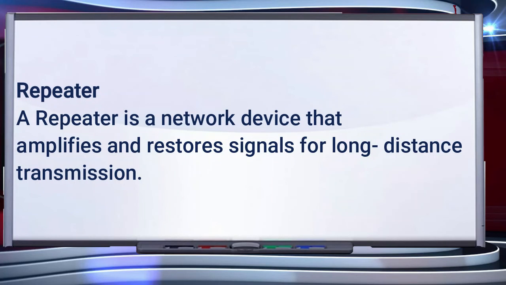Next is repeaters. A repeater is a network device that amplifies and restores signals for long distance transmissions. Over distance, the cable connecting a network loses the signal transmitted. If the signal degrades too much, it fails to reach the destination, or if it does arrive, the degradation of the message makes it useless.